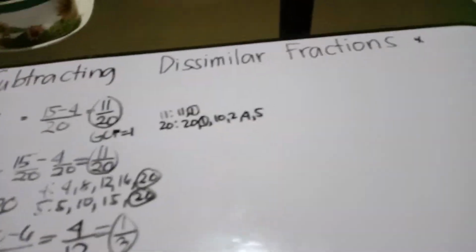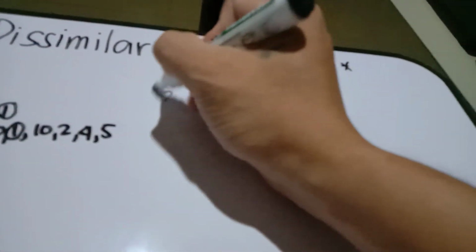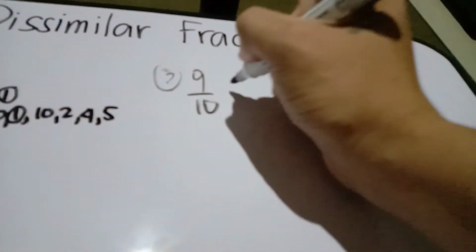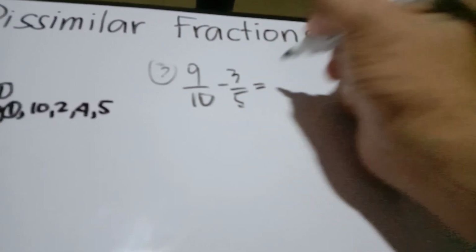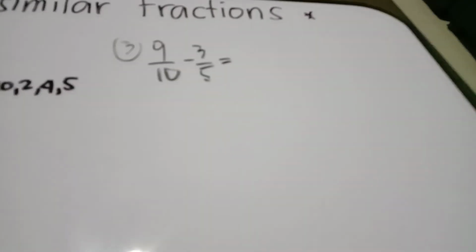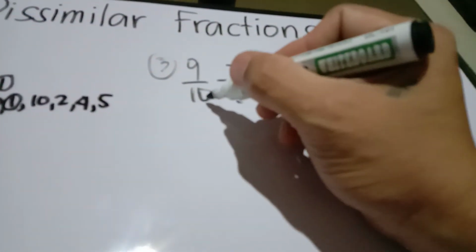Okay, another one. Okay, let's try 9/10 minus 3/5. Using the fastest way on subtracting dissimilar fractions, just multiply the denominators.